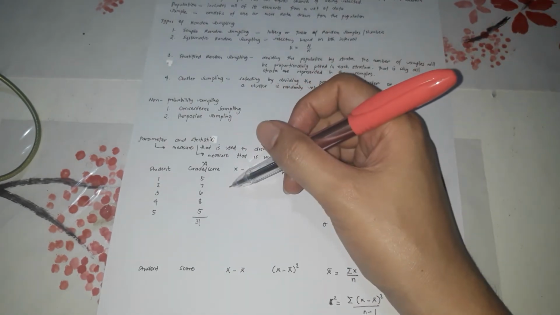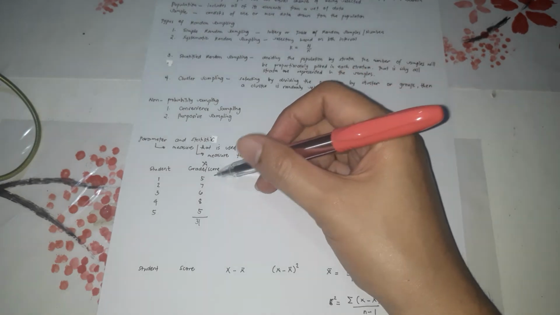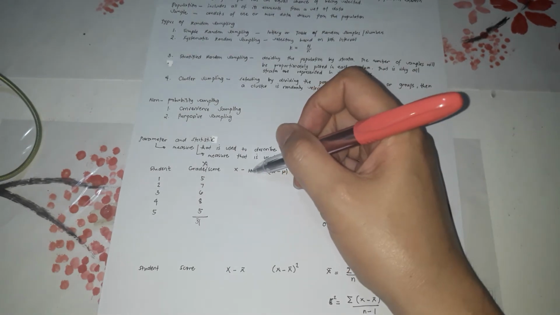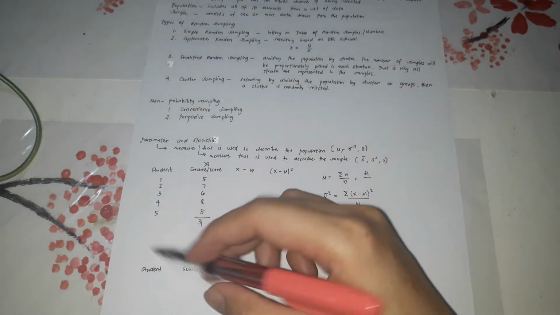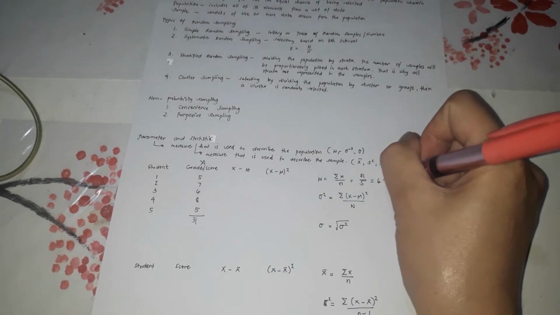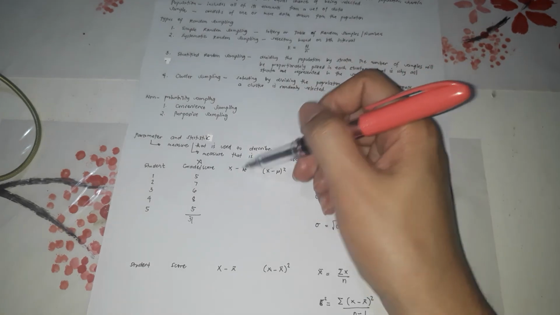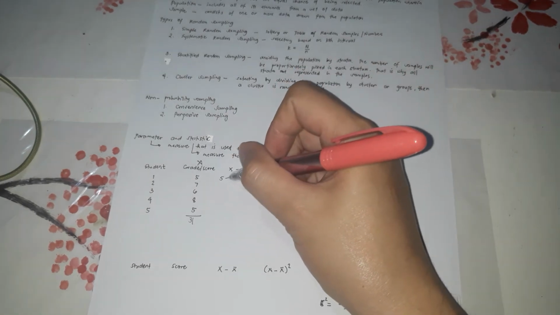So let's get na muna the mean. The summation of x is 31. Ilan yan sila lahat? 1, 2, 3, 4, 5. So 31 divided by 5 is 6.2. So x minus mean: 5 minus 6.2 is negative 1.2.